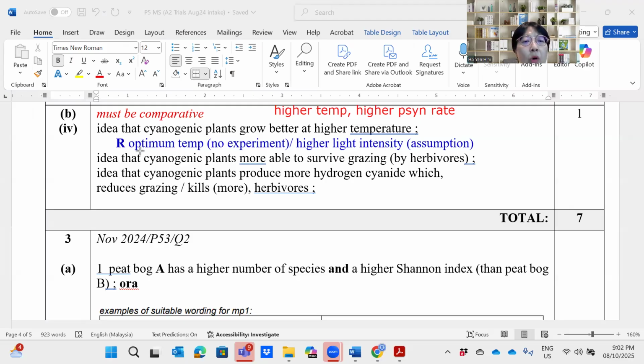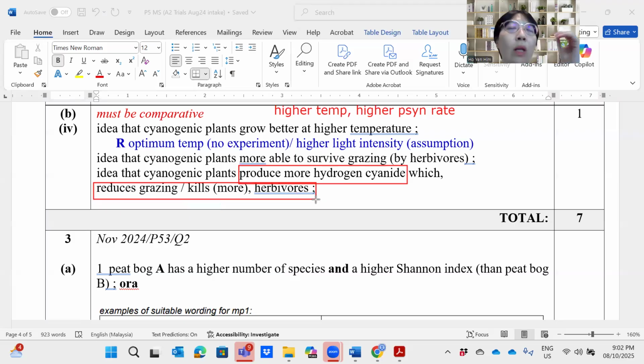So also, because they grow faster, they might produce more hydrogen cyanide, and hence they are able to deter or kill more herbivores, because when the concentration is higher, when a herbivore feeds on it, it might become poisonous and then herbivores may die, or it may deter the herbivores from eating them. So therefore, they are able to survive grazing better. That means herbivores don't really graze on them.